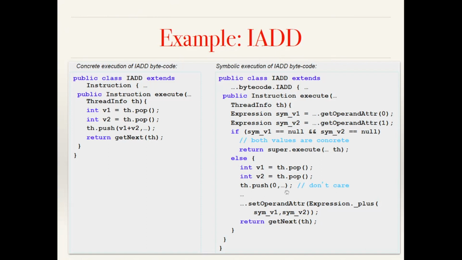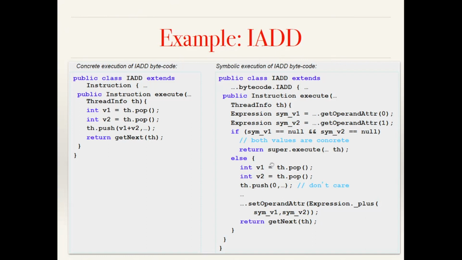We also have a concolic execution mode that is not very well known in the community, but we hope to document it better, that performs a kind of symbolic execution along concrete paths. The difference would be that here, instead of pushing 0, we would push the actual concrete values.